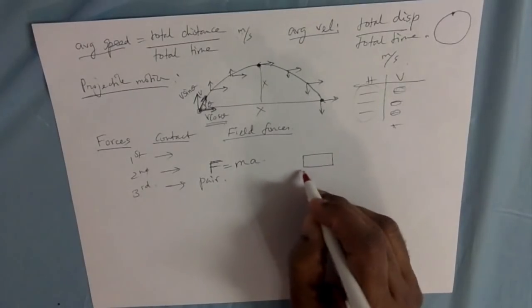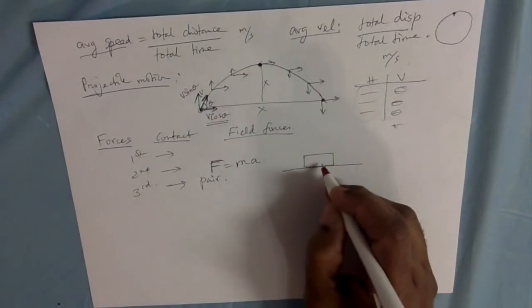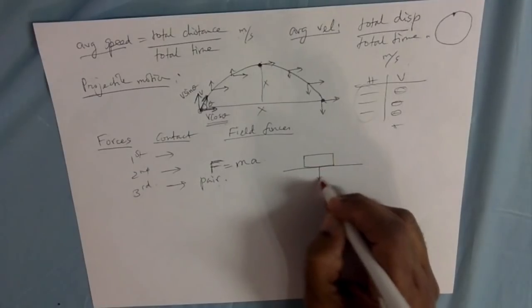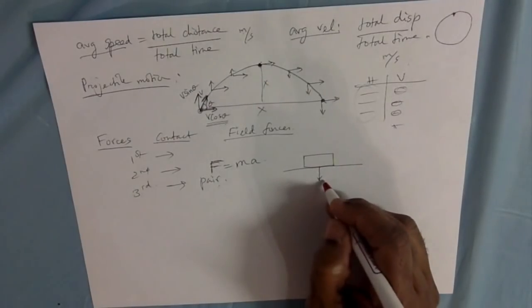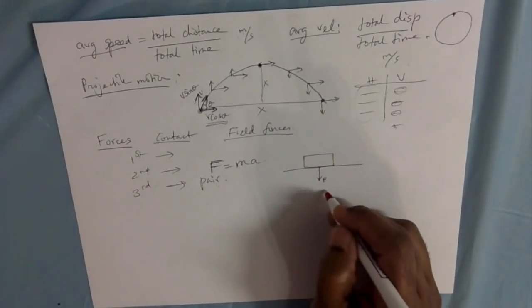If you're talking about a book sitting on a table, the book is pushing the table down because of the contact. There's a push by the book on the table.